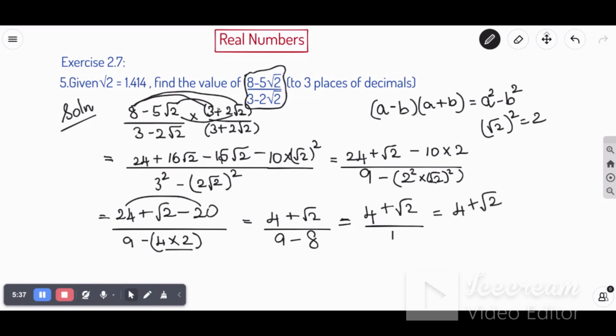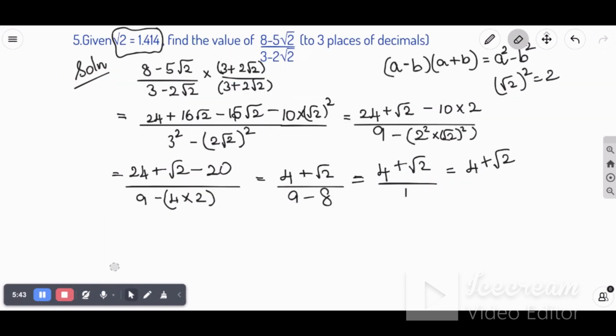Now if you could see, you have got the value of root 2 in your question as 1.414. So you can substitute the value of root 2 which is given in the question. That will be 4 plus 1.414. How will you add this? Let's add only the decimal parts and whole parts together.